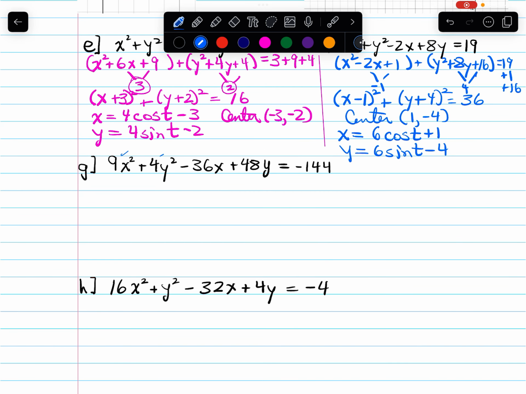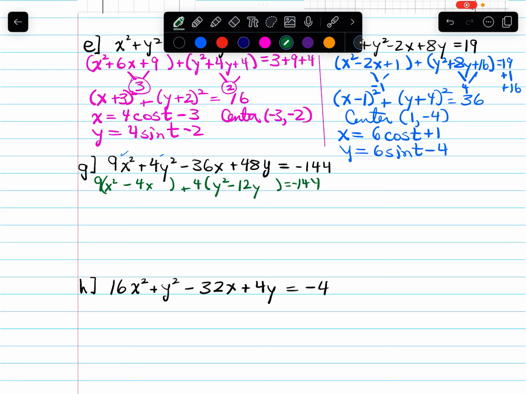So let me group the x's together. Okay, so here I go. But what I'm going to do, I'm going to factor out the 9. I'm going to group the y's together, but I'm going to factor out the 4. Now, be careful.